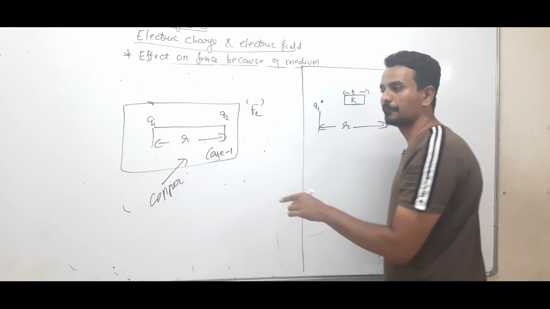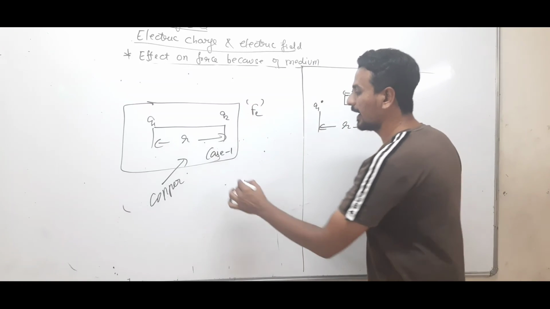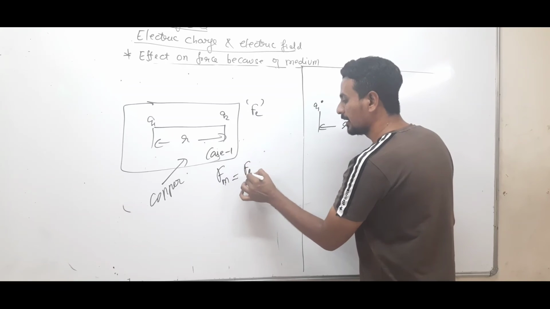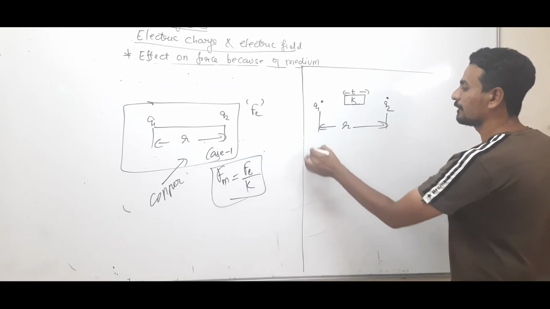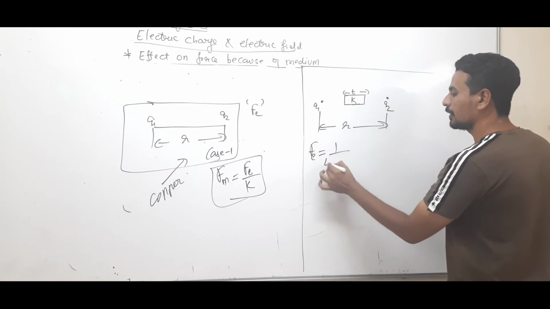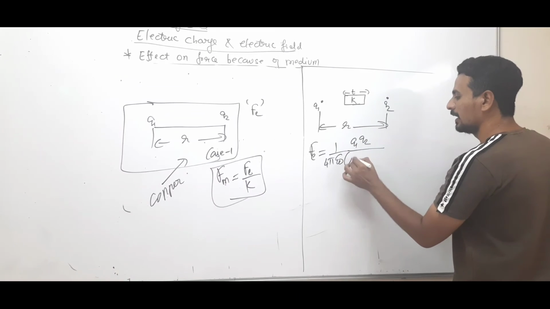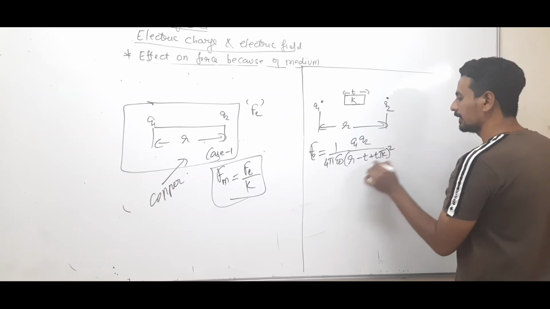In case 1 we have just placed both the charges in a particular medium, and the formula of the force between two charges will be Fe by K. But here the formula will be 1 upon 4 pi epsilon naught Q1 Q2 upon (R minus T plus T root K) the whole square.